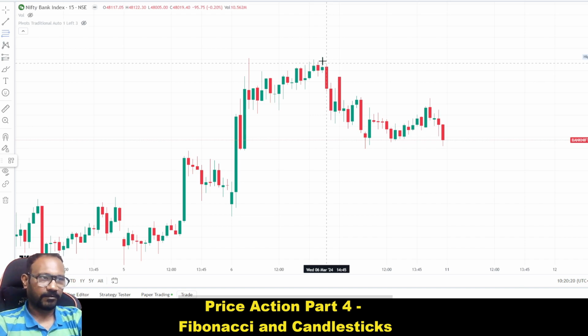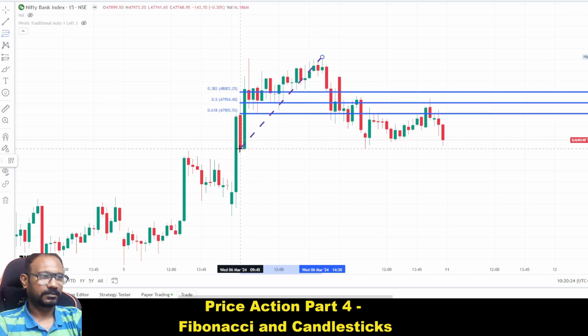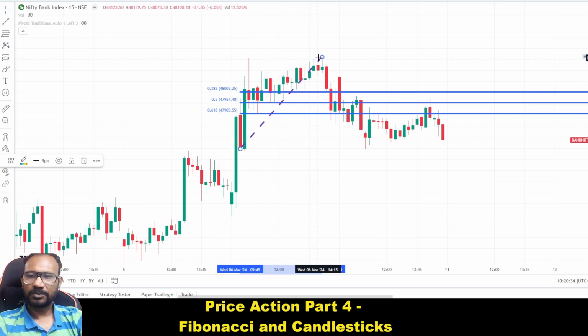Okay. First thing is, let's say I click from here, then I click till here. What it says is that when the market has rallied from a low to a high, how much retracement can happen? Like the market has gone up, like I said, it is an ebb and flow, more like a wave. What has gone up has to come down, but how much can it come down?